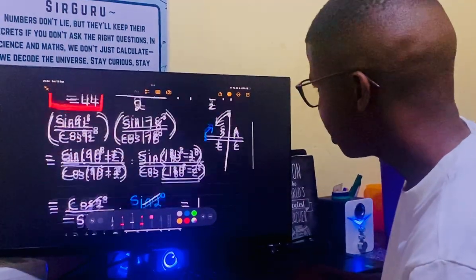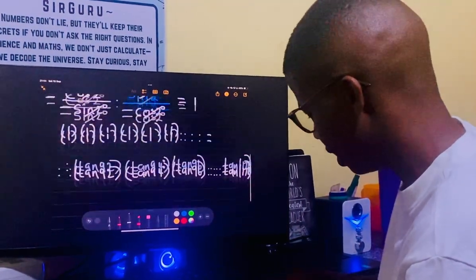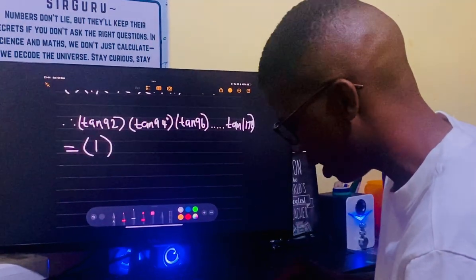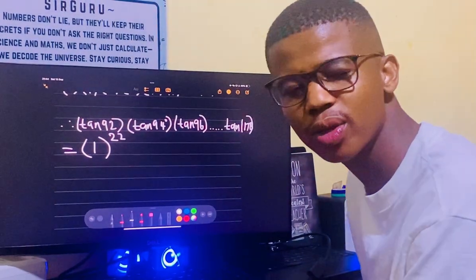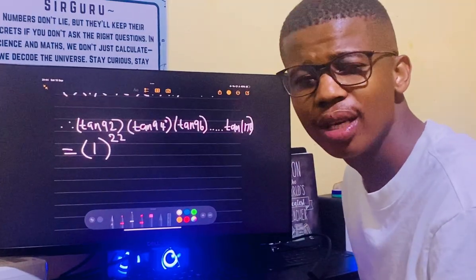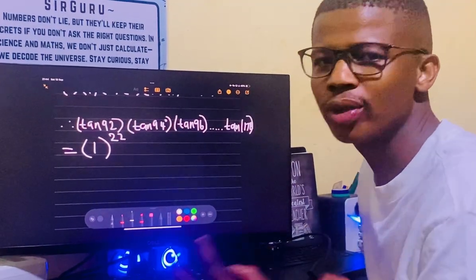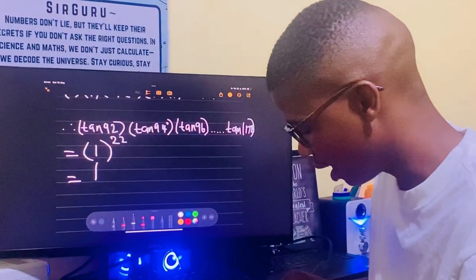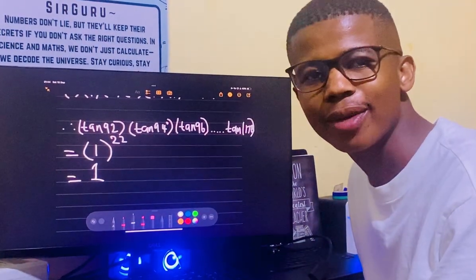Am I right? The last one was 178. It must be the same as, remember the first pair gives us 1 and we have 22 pairs in total. So it's 1 to the power 22. Because 1 times 1 times 1, 22 times is just the same as 1 to the power 22. So the final answer is 1, ladies and gentlemen.